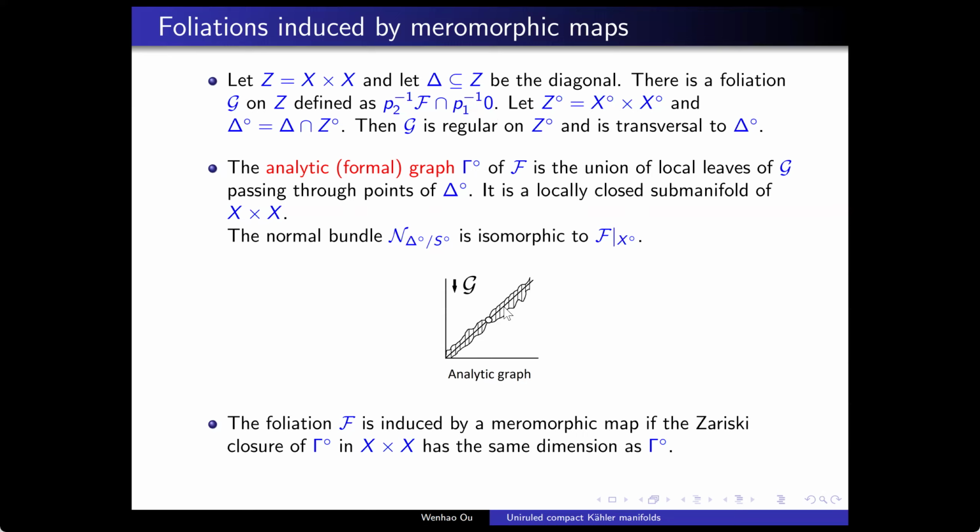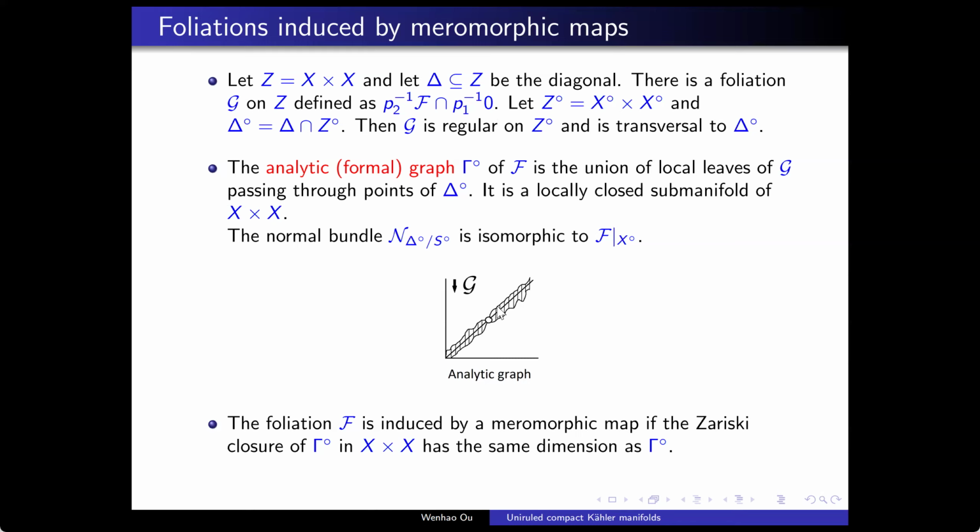We can visualize this graph on this small picture. At every point of the diagonal delta 0, the foliation is regular and transversal to delta. So we can integrate this foliation locally and we get a lot of small local leaves around this point. I will just collect these local leaves, and then we collect all of them together.